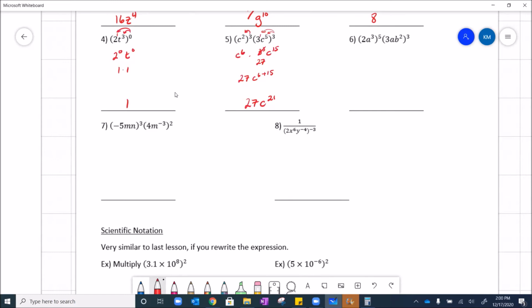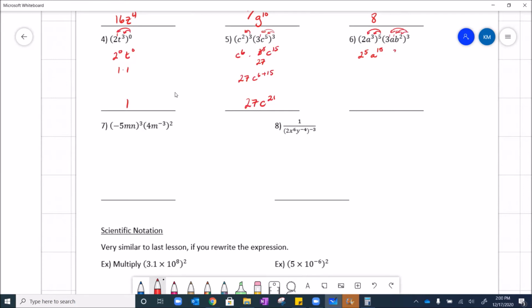Number 6, distribute this 5 to the powers inside. So I have 2 to the 5th power, a to the 15th power. Oops, not 8. I'm multiplying, so it's the 15th power. Make sure I write these, distribute this to each of the terms inside.